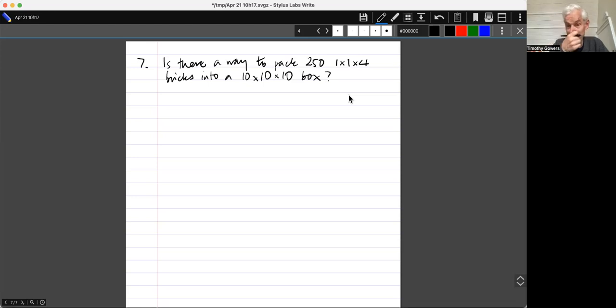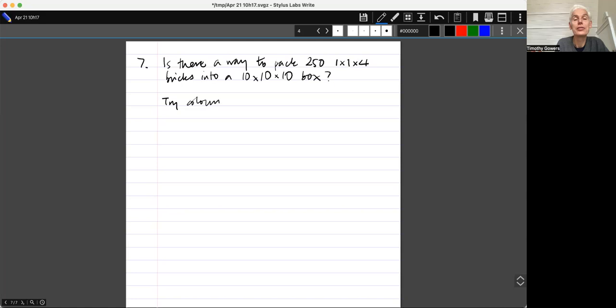So I'm wondering whether an addition mod 4 colouring is going to work here. What I'm hoping is that if I colour with addition mod 4, I'm not going to have the same number of boxes of each colour, but each of these bricks is trivially going to cover one of each colour.